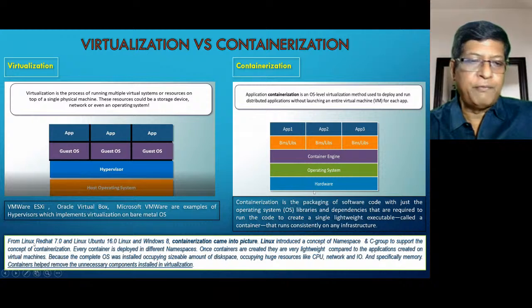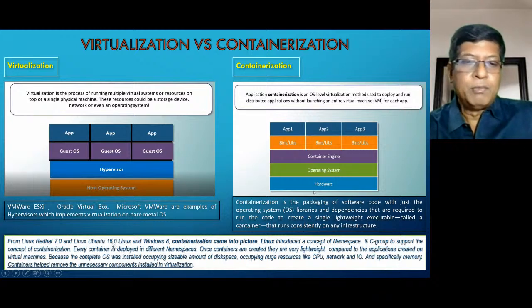These are two very famous flavors of Linux, Red Hat and Ubuntu. They belong to two families. One is the Red Hat family, and the other is the Debian family. Anyway, from Ubuntu 16.0 version and from Windows 8, containerization came into the picture. So they are the first guys who started containerization.